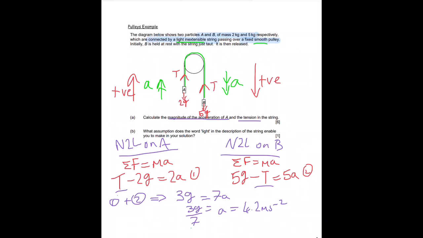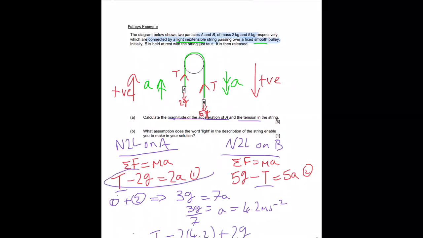Again, because that string isn't like an elastic band, if one of them is accelerating at a rate, then the other one is being pulled because the string is inextensible. So they both go with that rate. And so that's the acceleration. If I sub that back into 1, then therefore tension is equal to 2 accelerations, 4.2, plus 2 gravities.